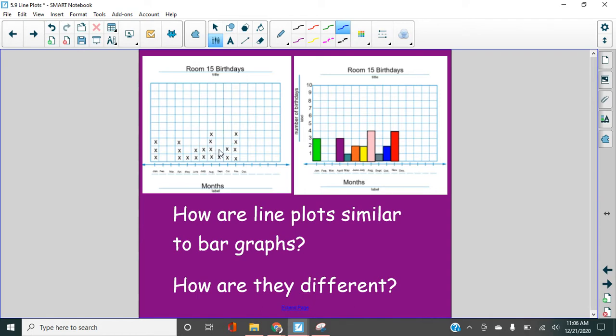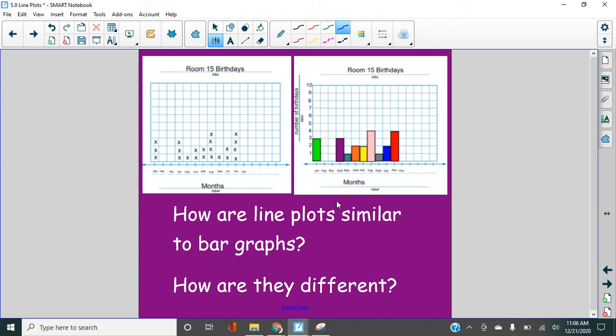a line plot here and a bar graph here. First, let's think about how these two things are similar. They're both ways to represent data. They both have titles. They both have an x-axis, a horizontal axis. They have the names of the months. They have the same label. How are they different?